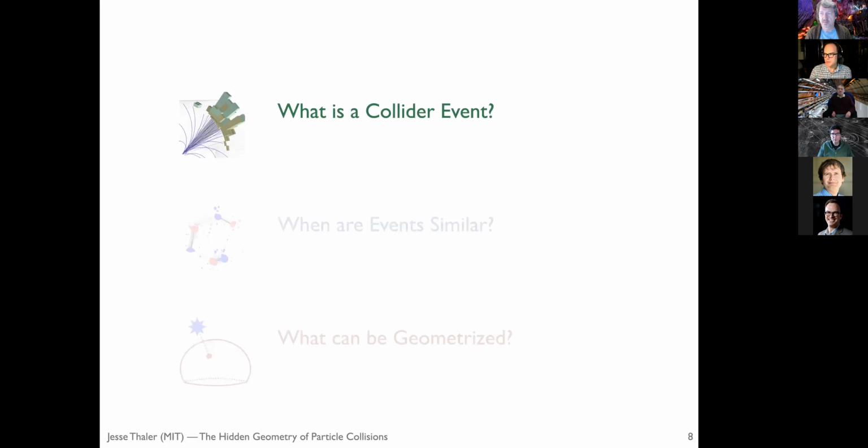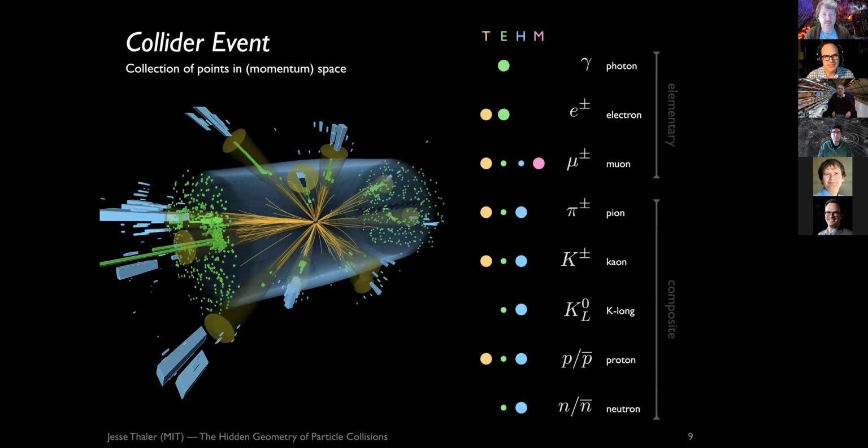Okay, so let's start off with the question, what is a collider event? So returning to this picture of an event display, we see all the complications inherent in trying to reconstruct collision debris. But if you're just thinking about it at a fundamental level, what is the data that's contained in a single collider event? It is just a collection of points in momentum space.